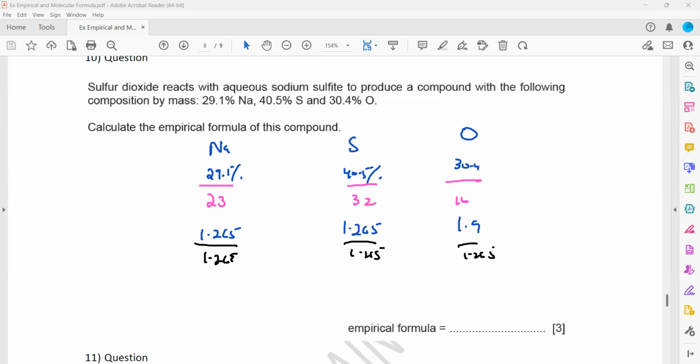So this is 1, 1 and 1.5. It's the same multiplication factor we use. First we start with 2. When we multiply all of them by 2, we get whole numbers with 2 only. That's why we don't multiply with any other number. So this will become 2, 2 and 3. So the formula will be sodium 2, sulfur 2 and oxygen 3.